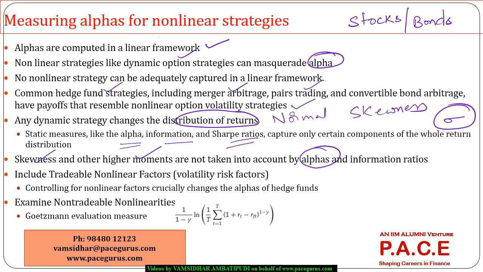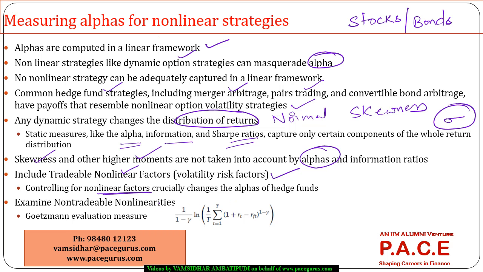So I have to include the nonlinear factors which are tradable. That is where I am using the volatility risk factors. And when I'm controlling for all these non-linear factors, obviously there will be a much larger impact on the alphas of the hedge funds.